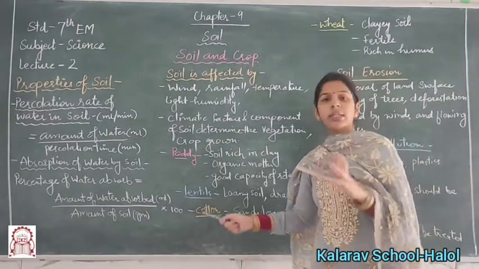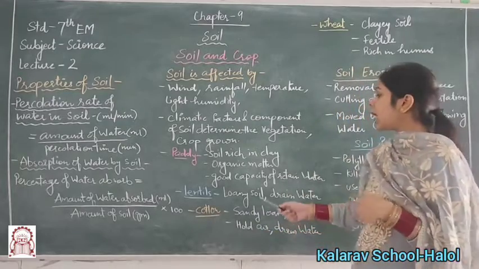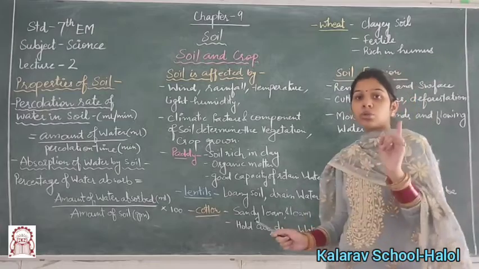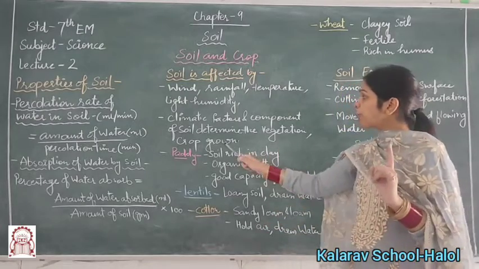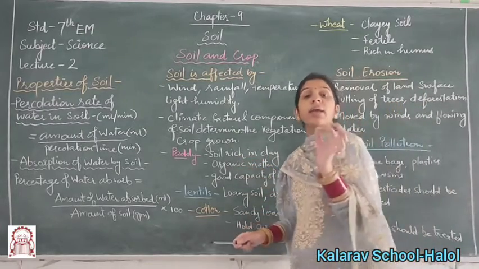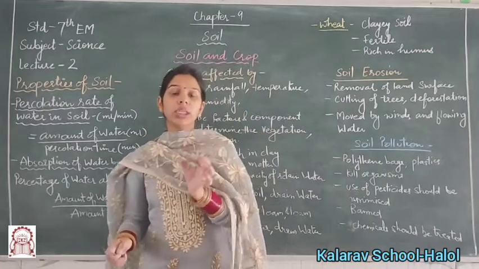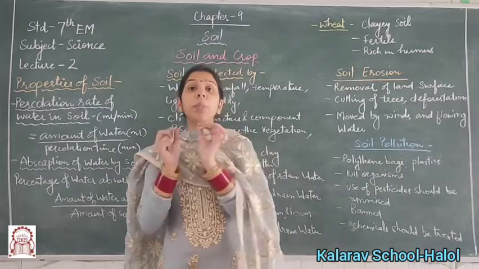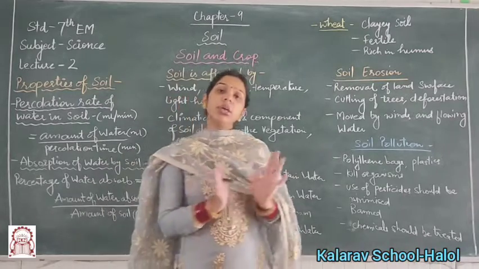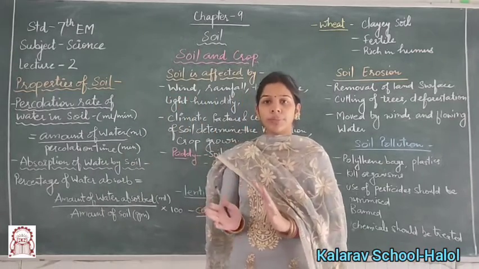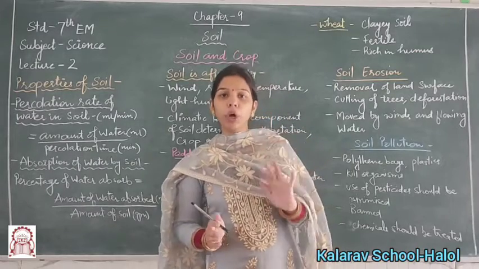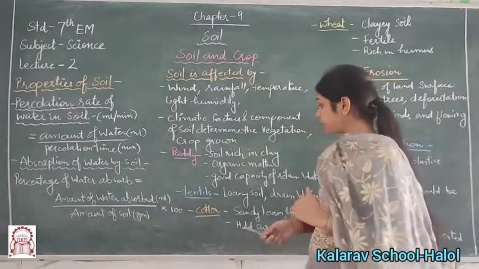Next is lentils or other pulses. They are easily grown in loamy soil with rainwater. Loamy soil or clay soil are the perfect soils for crop production. So loamy soil and clay soils are important for crop production.